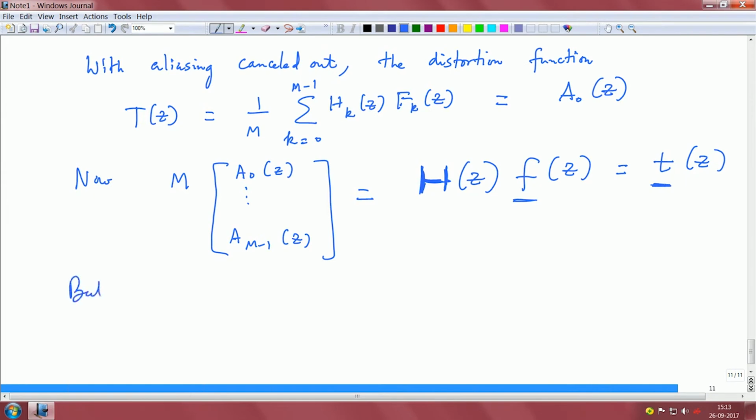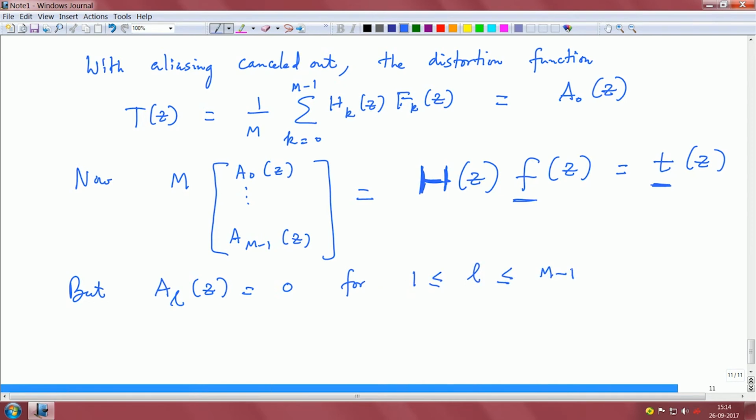But AL of Z is 0 because we want to remove the alias components for 1 less than or equal to L less than or equal to m minus 1.